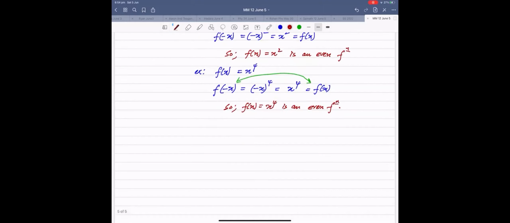So there is a note now. You might have seen a pattern here. That pattern would be: all the odd power functions are odd functions.